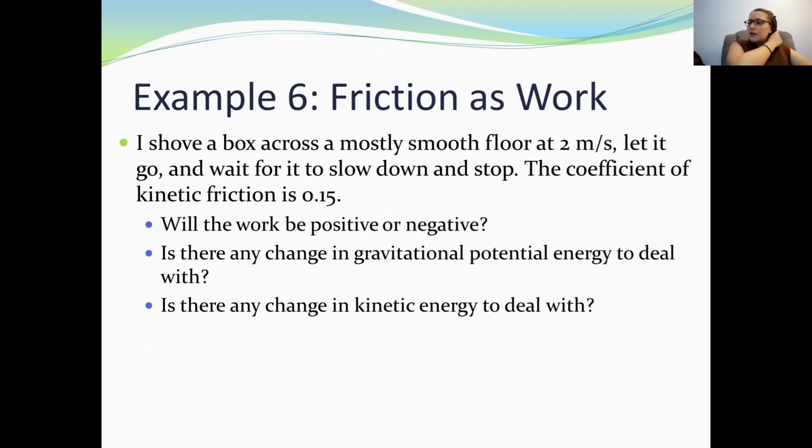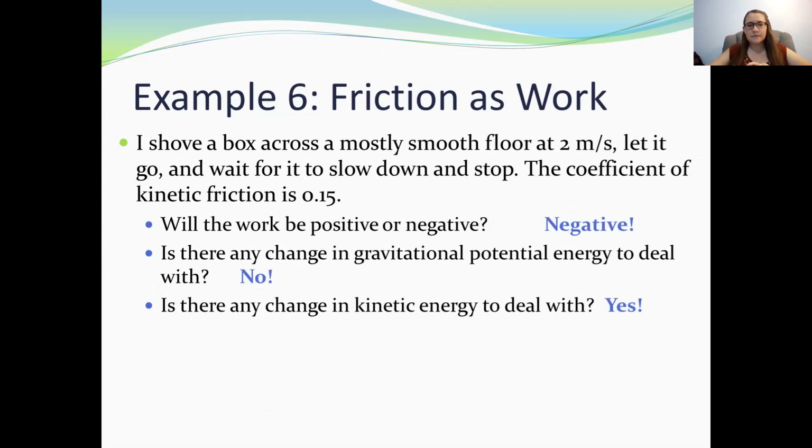So if we're starting with a faster speed, and then due to friction, we end up at a slower speed, that means the work that it's doing on this system is negative. It's slowing down the object, doing negative work, taking energy out of the system by transforming it into heat or that sort of thing. So negative work.